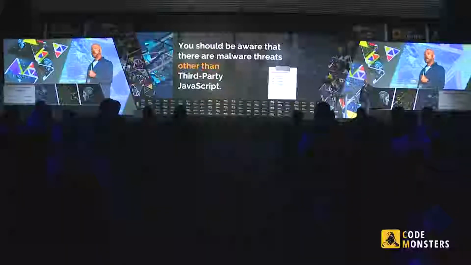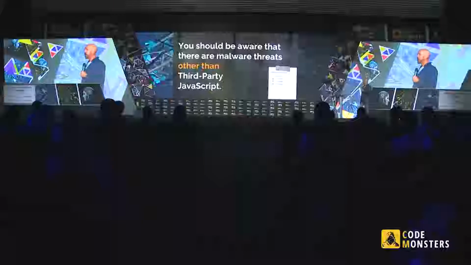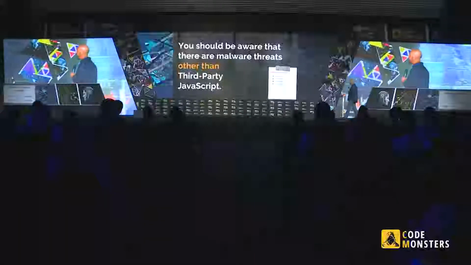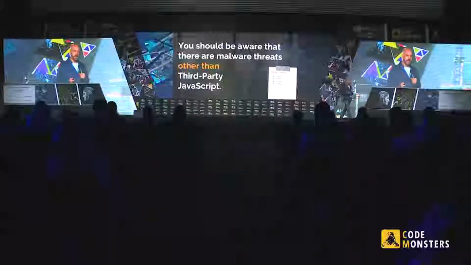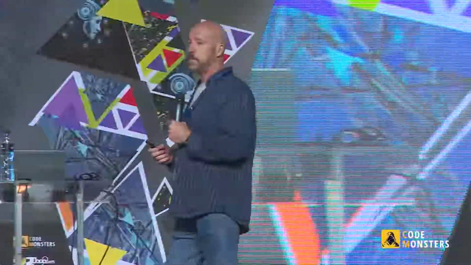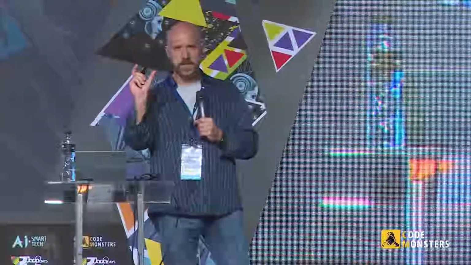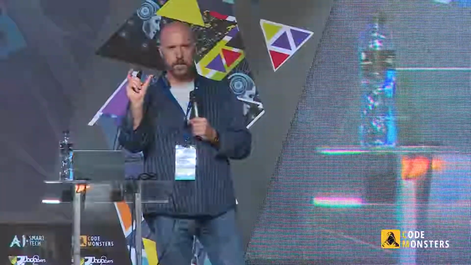I also want to point out that JavaScript is not the only thing that can do this. Flash, PDFs, videos, images, they can all do this too. In fact, 10 years ago, I did another talk at DEF CON called The Fabulous Executable Image Exploit. This is on YouTube if you want to take a look at it. It describes how you can create images that are actually executable code.